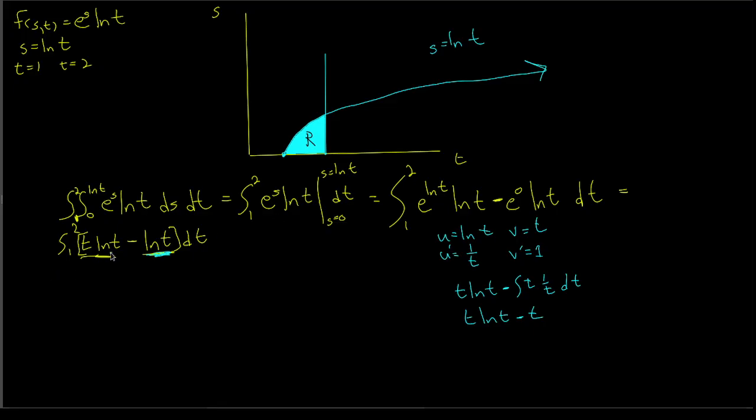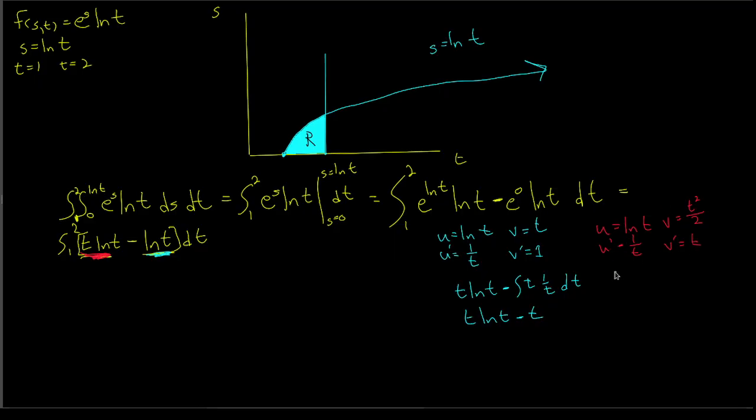And now let's look at the first part as our integral in red. I'm going to keep a u over here, ln t. u prime is 1 over t. That means v prime is t, and v is t squared over 2.